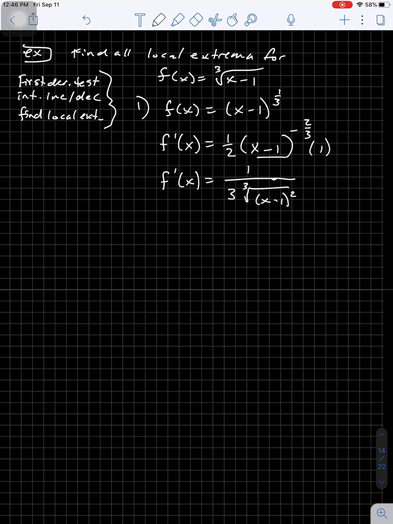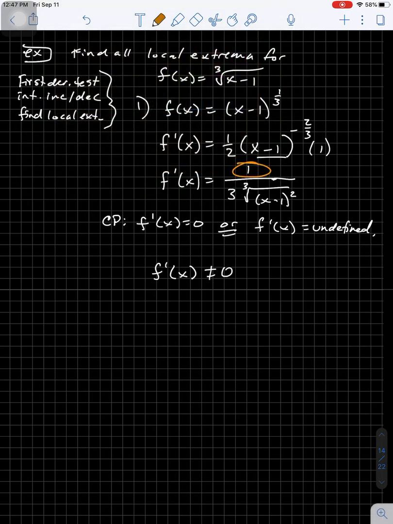Now, critical points. Critical points are points where f prime of x equals 0, or where f prime of x is undefined. In this situation, f prime of x does not equal 0 because the numerator is 1, so the top is never going to be 0.